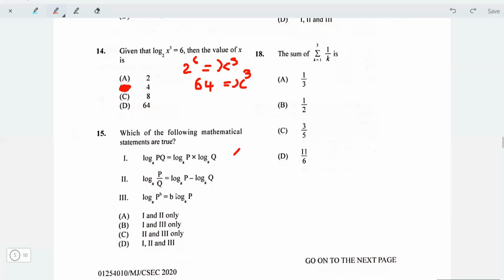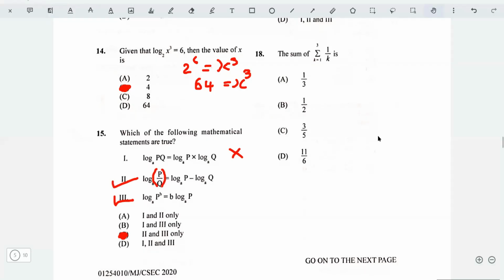Since statement 1 is not true, it's only going to be option C, because anything with statement 1 is out. We know statement 2 is clearly true. This is the power law, where we can carry down the power for a logarithm. And we know that the log of the quotient is the difference of the logs. So that is true. 2 and 3 are true. That's option C. All right, nice.